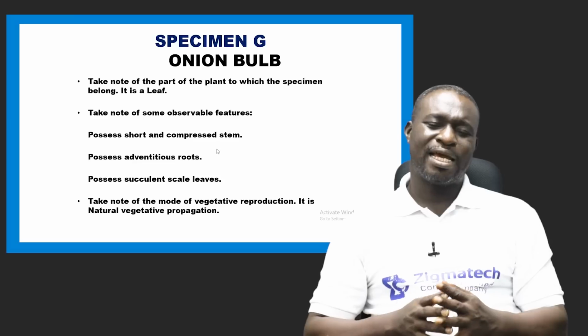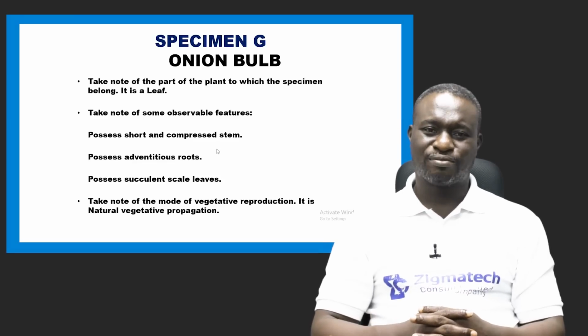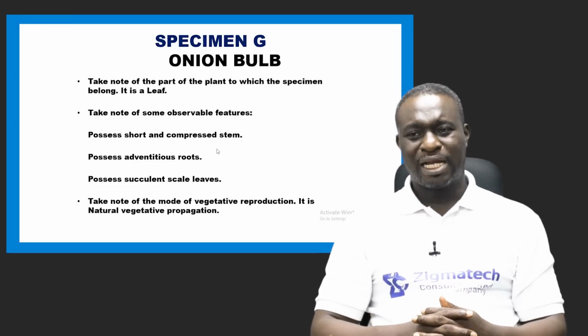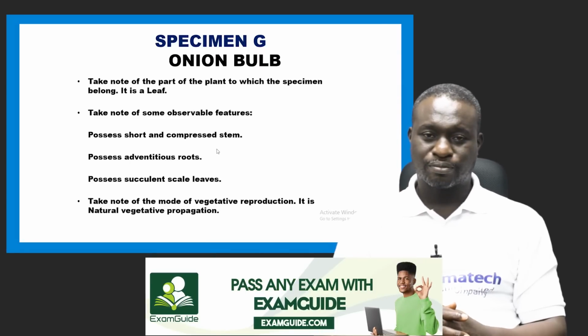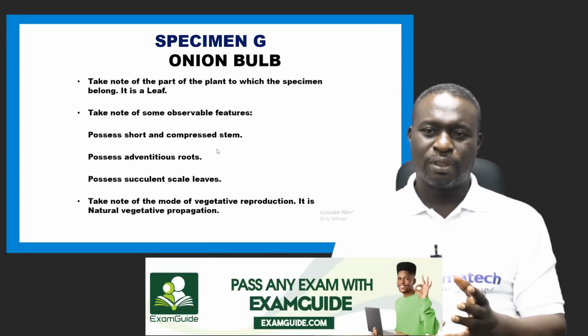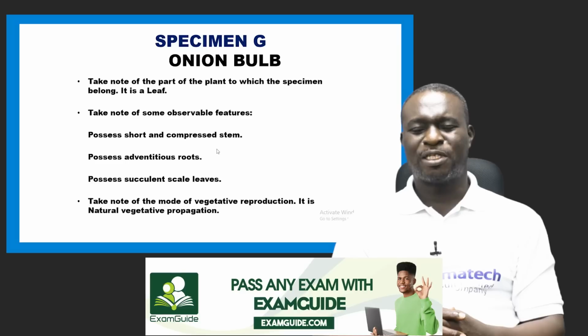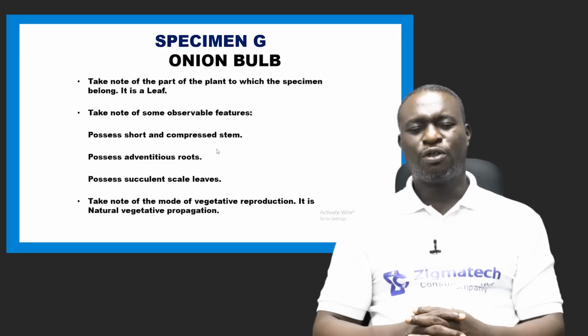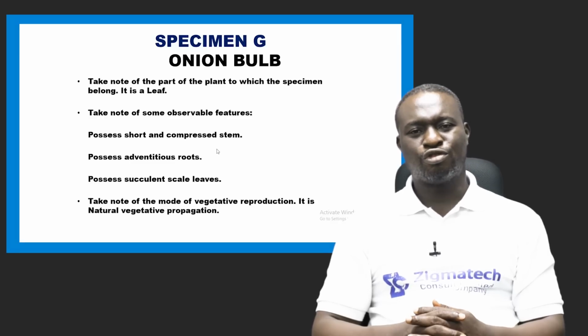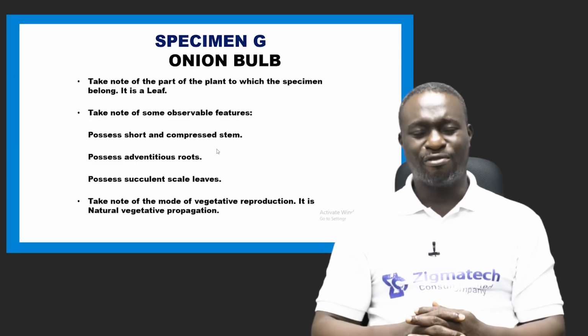The next one is specimen J. Now, specimen J is actually onion bulb. In this particular specimen, take note of the part of the plant to which the specimen belongs. Onion bulb is a leaf.